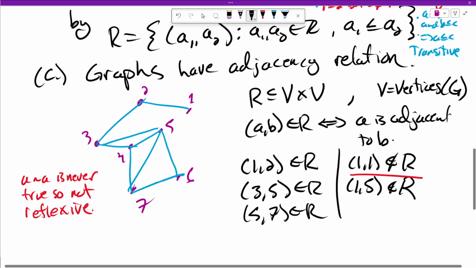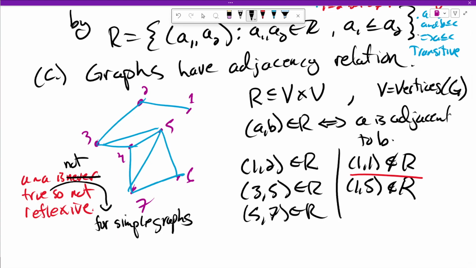Let me strike that out. It is not true for simple graphs, which is what I have meant when I've written down a graph. In this picture, none of the vertices are related to themselves, so this is not in general a reflexive relation. If we were to put in edges between vertices and themselves, it would become one. But as it's written here, it is not reflexive.